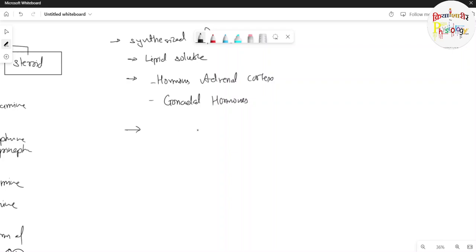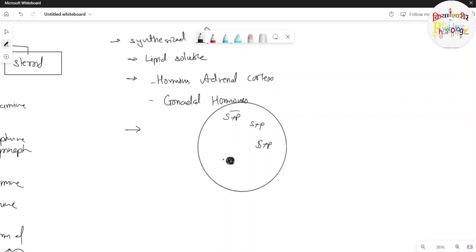Besides that, these steroidal hormones are present in the cytoplasm bound with proteins. Suppose this S represents steroid hormone plus protein. They form a combination and are present inside the cytoplasm. Suppose this is the nucleus of that cell.